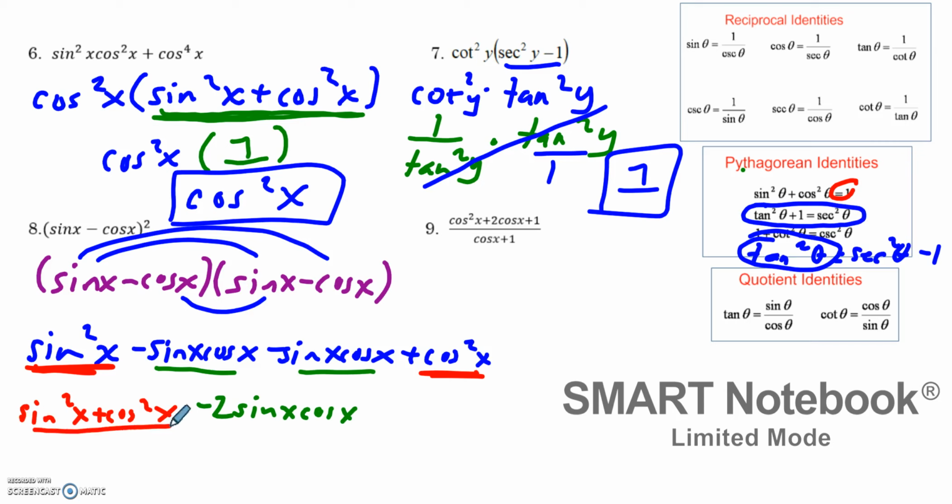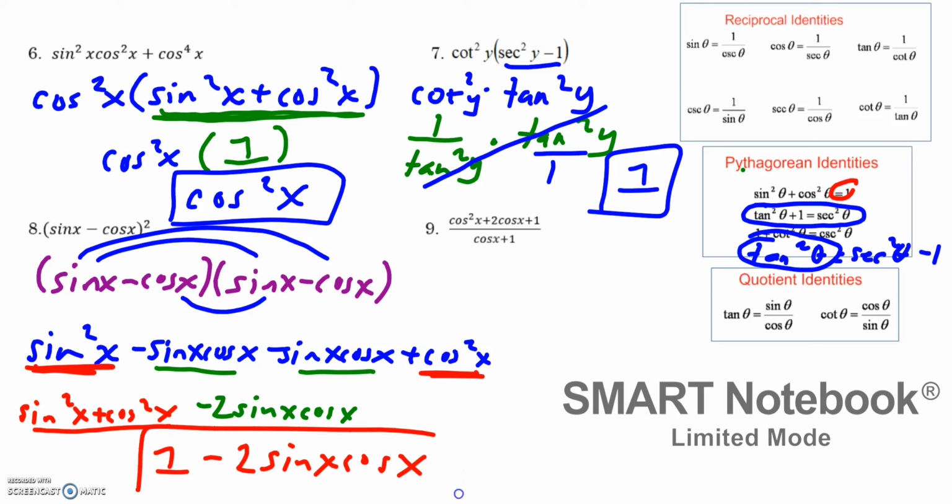So this can be replaced completely with 1, and so my final answer is 1 minus 2 sine x cosine x. The reason I like this problem is there's a hidden Pythagorean identity, and it's great to practice.